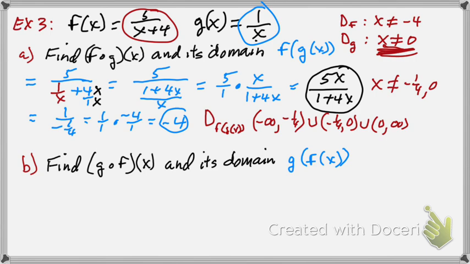Okay. So what does that mean? That means every place in g where there's an x, I'm replacing it with f. All right, so I've got 1 over 5 over x plus 4.